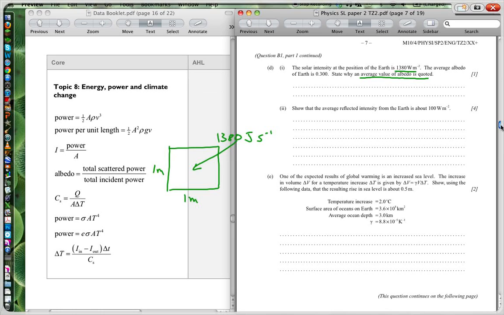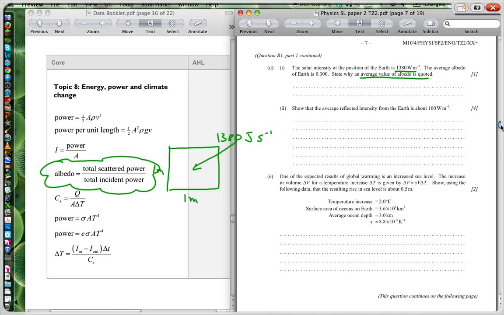It says the average albedo of the Earth is 0.3. Now the albedo is the total scattered power over the total incident power.